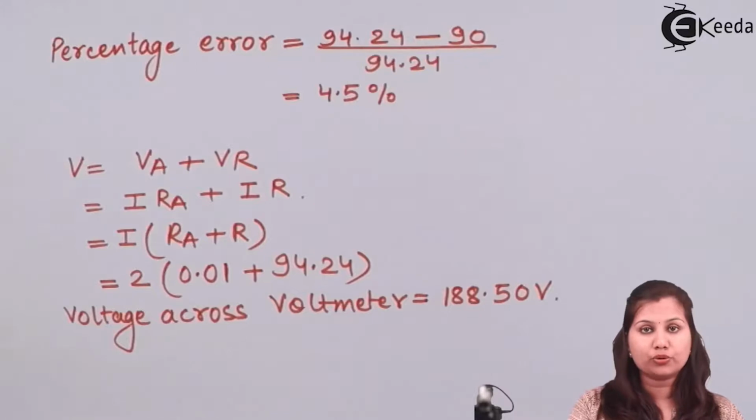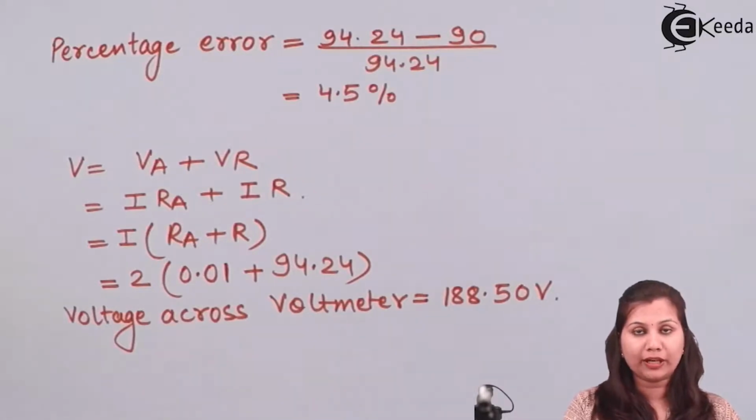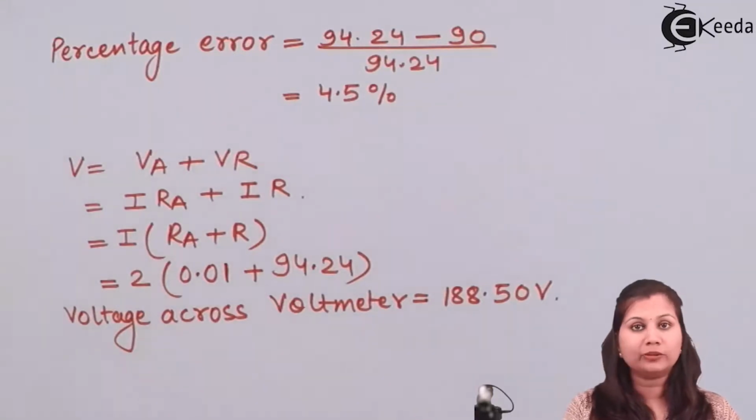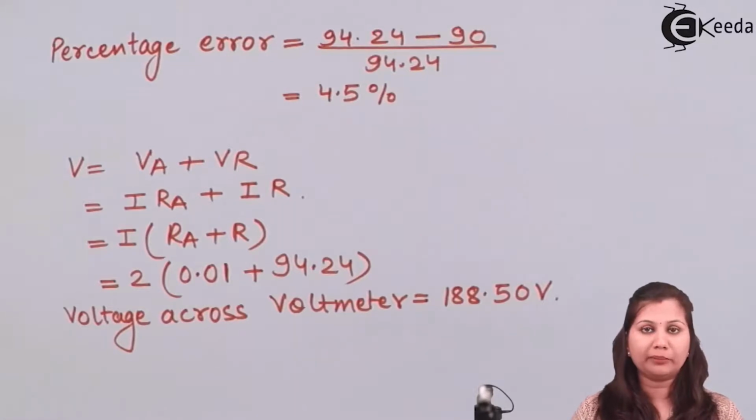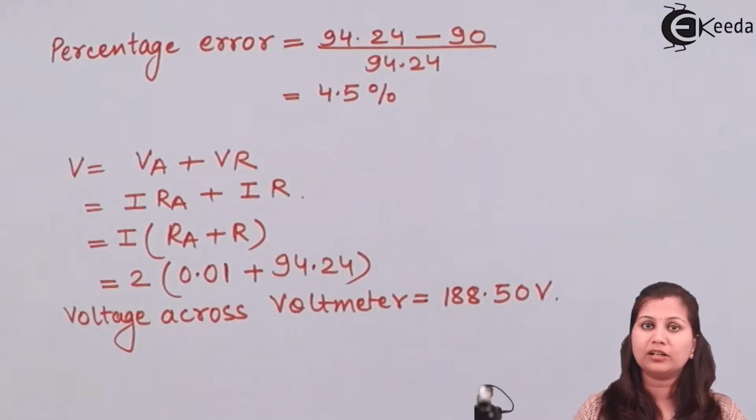Okay. So in this way, we can measure the resistance using the various equations. We can calculate the true value of the resistance, the measured value of the resistance, and the percentage error also, and any unknown variable can be calculated by using the formulas.